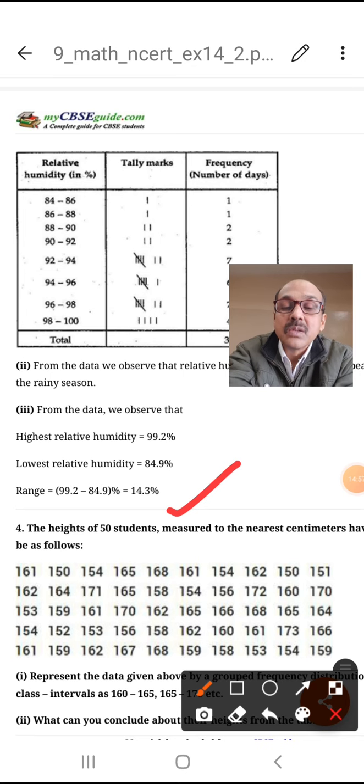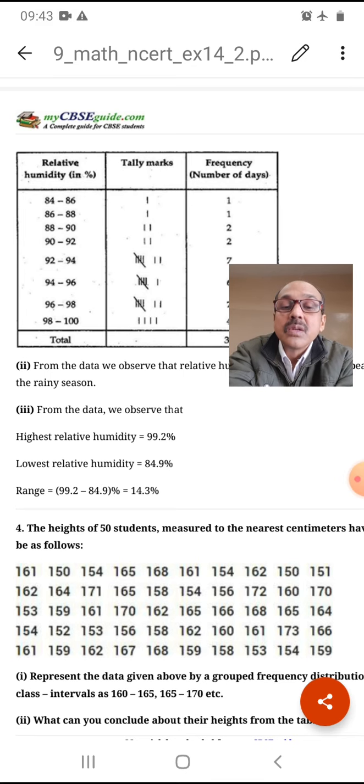This type of question in this exercise, some numbers are given, you have to see and make a distribution table. Whatever first interval is given in the question, you write that interval and make the other intervals this way and find the frequency, that is the number of times a value is present within the group.